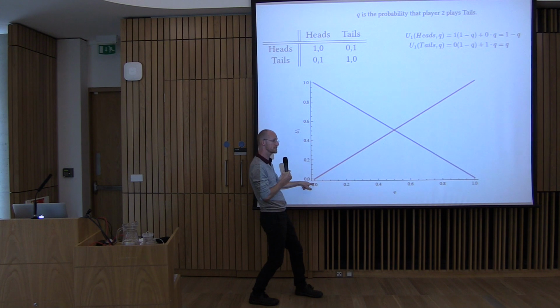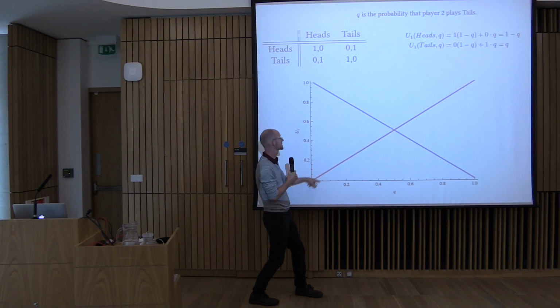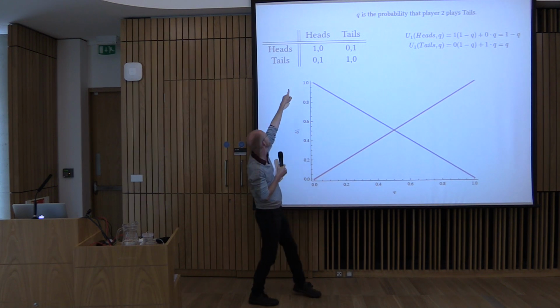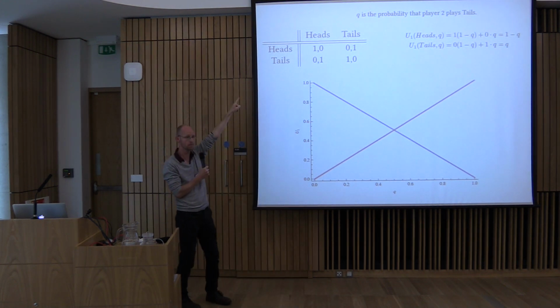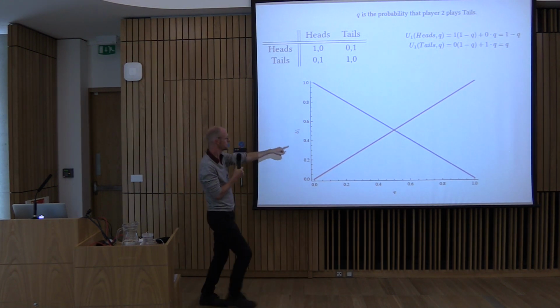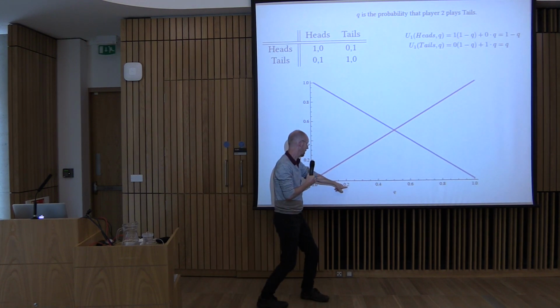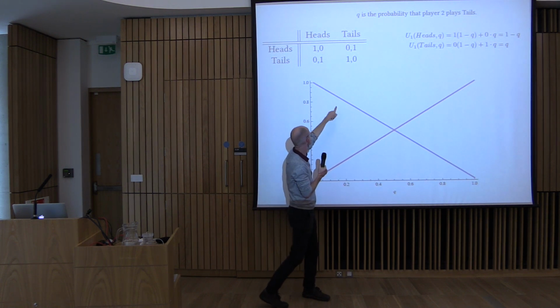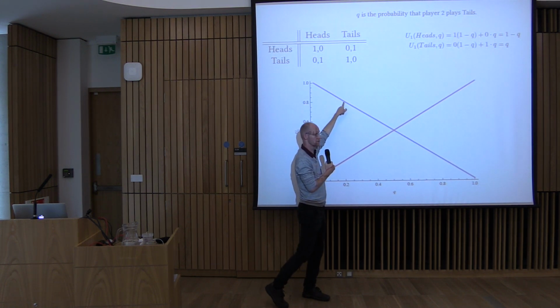His probability of playing tails is 0, so his probability of playing heads is 1, and of course the utility is 1. But if Q is 0.2, his probability of playing heads is only 0.8, so playing heads has a utility of only 0.8.